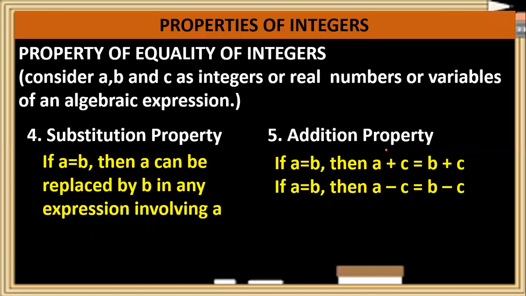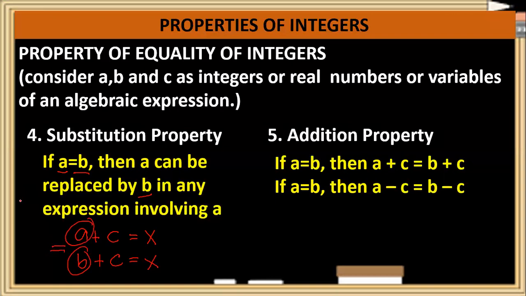Okay, so if A equals to B, then A can be replaced by B in any expression involving A. Okay, so ang ibig sabihin nito, for example, meron kang A plus C equals X. So since A is equals to B, then we can replace B in any expressions involving A. So therefore, pwede din natin isulat B plus C is also equals to X. Okay, so because A and B, they are just the same.